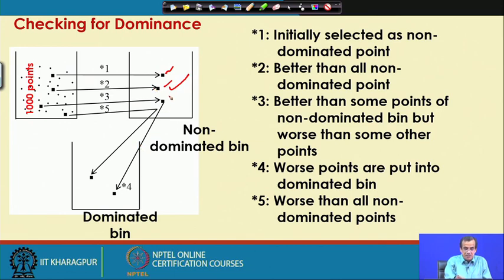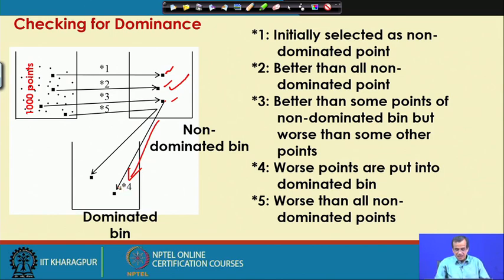If it is in between, then that particular third point we put here, and the points which are found to be worse compared to this particular non-dominated solution are forced into the dominated bin. So, these worse solutions are actually forced to be put in the dominated bin.